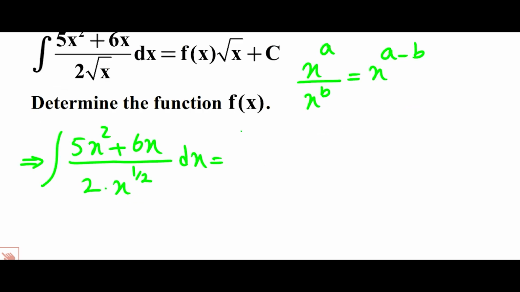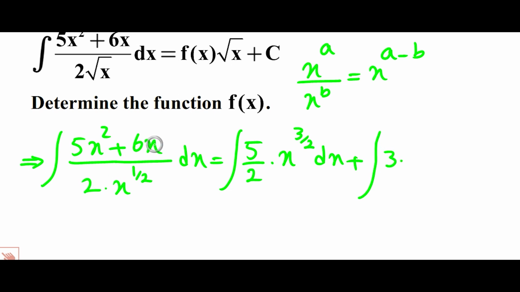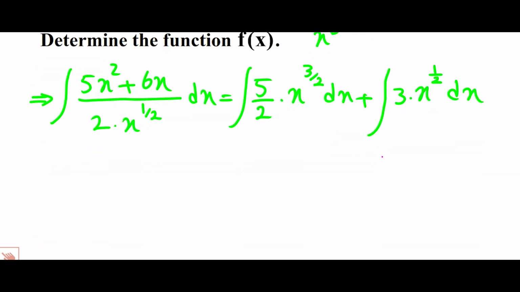So we have the integral of 5 over 2 times x to the power of 2 minus 1/2, x to the power of 3 over 2, dx, plus the integral of 6 over 2, which is 3, times x over x to the power of 1/2, which equals x to the power of 1 minus 1/2, which is 1/2, dx, right?